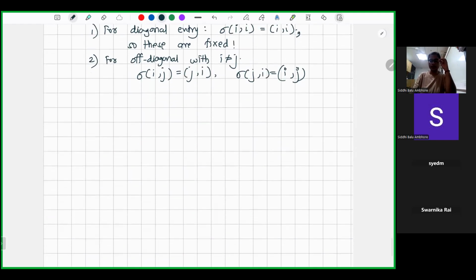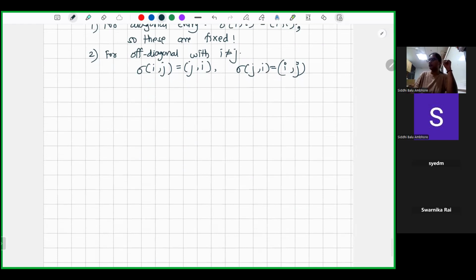I hope you understand what we are doing here. So this forms a two cycle, (i,j) and (j,i).